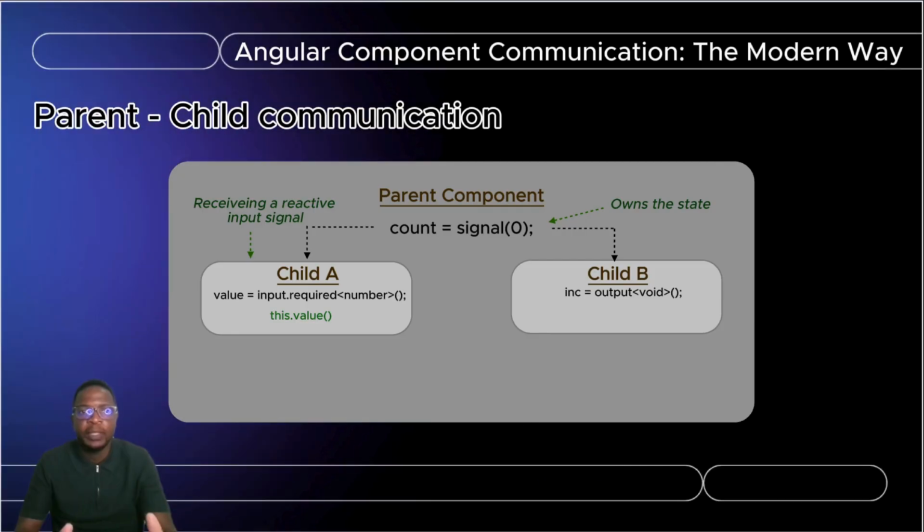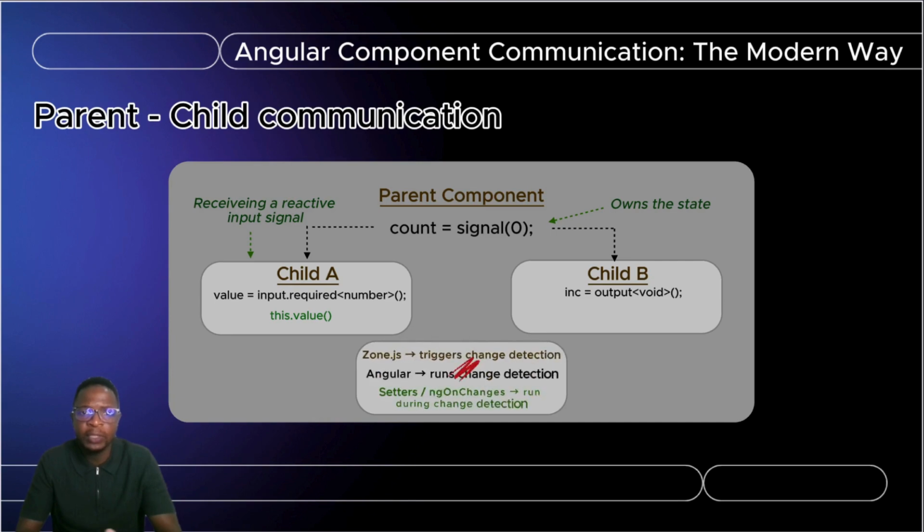So if the parent updates the count signal, Angular updates the child input. And anything in the child that depends on this dot value can automatically be updated. For example, if we have a computed or a derived signal, it gets updated automatically. This means that there is no ngOnChanges lifecycle hook, no setters, no manual syncing, no extra logic to keep the derived value up to date.